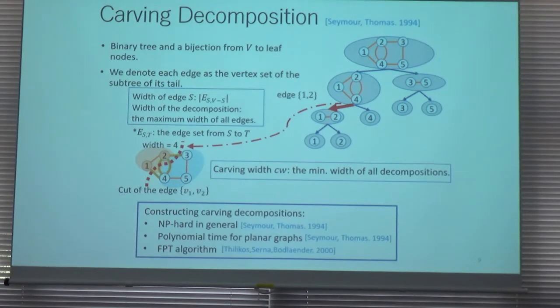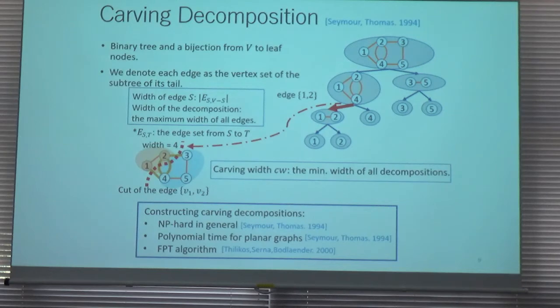The width parameter is defined by the number of edges between the two vertex sets which are separated by the edge. And in this example, the red edge divides the input graph into the vertex set 1, 2, and 3, and 4, 5, and the number of edges between them is 4, so the width of the red edge is 4.